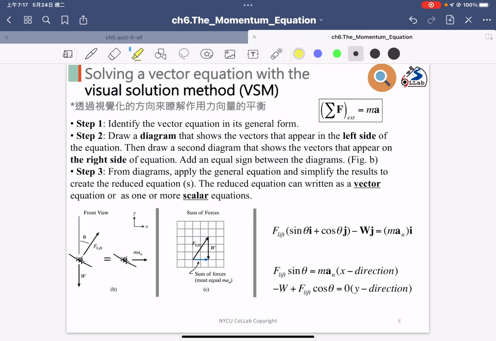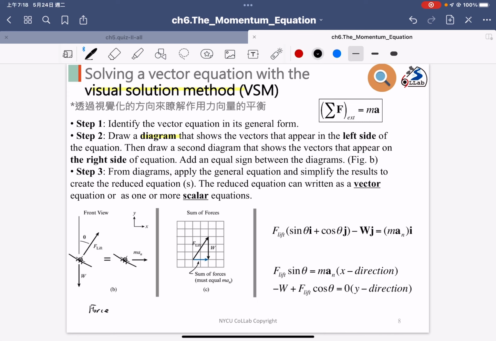How can we visualize the conditions for our force balance? We call that the visual solution method. Okay, so the idea is first we draw the force diagram.